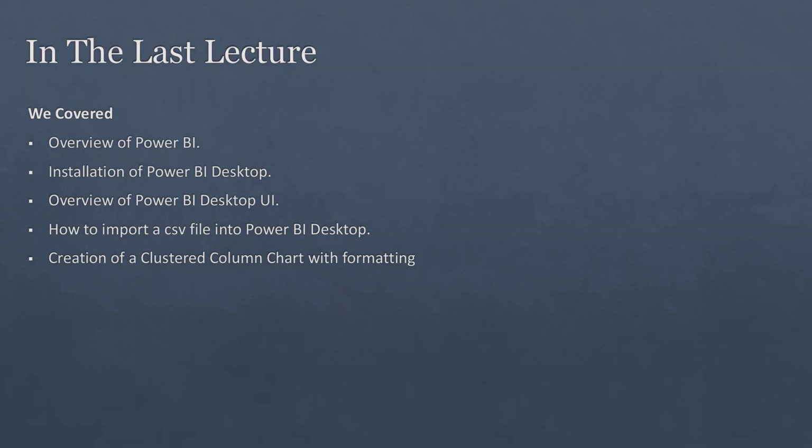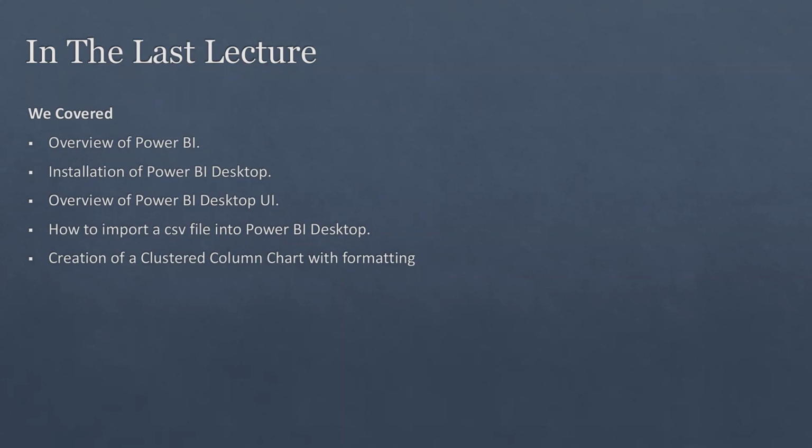After installation, I gave you an overview of the user interface of Power BI Desktop. So we looked at the canvas of Power BI Desktop. Then I showed you the different tabs on top of Power BI Desktop, where we had different options related to this user interface. Then we also looked at different views.